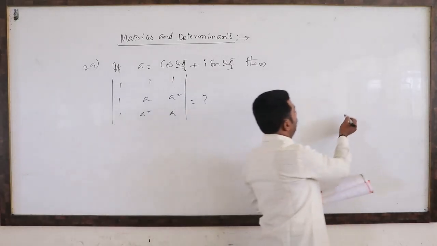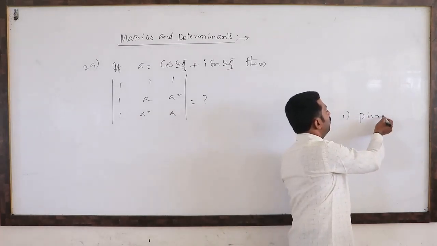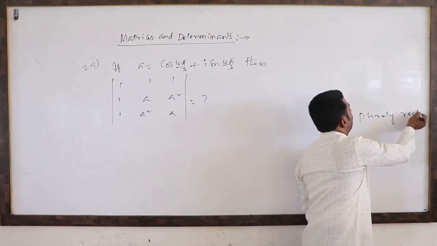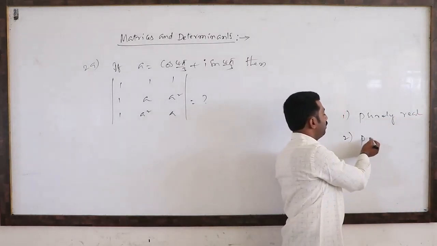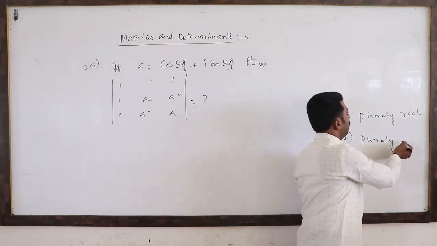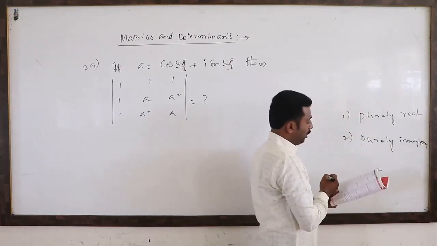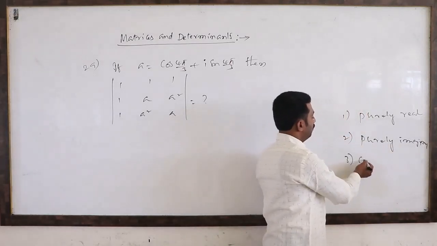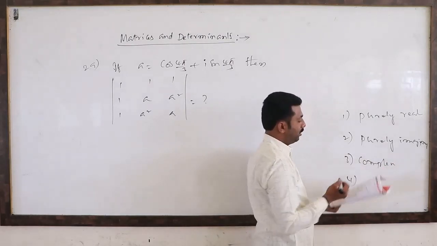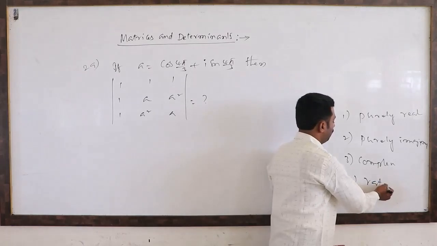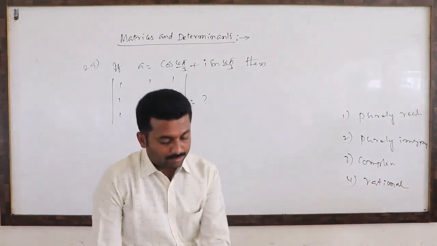Options I will also write. First, this is a purely real number. Second, purely imaginary number. Third option, complex number. Fourth option, rational number. So which one is the correct option? We'll see.